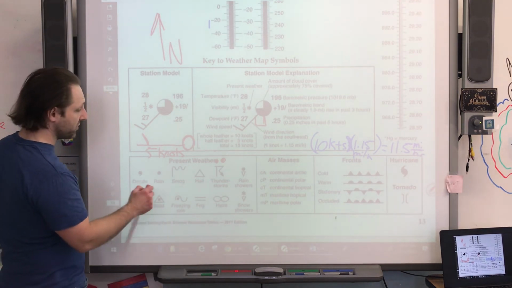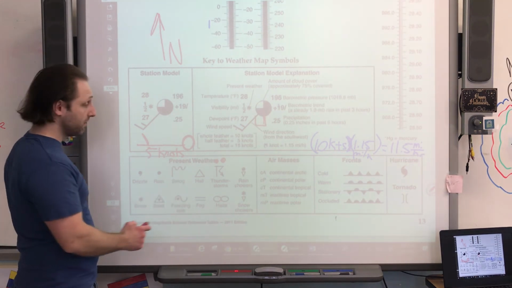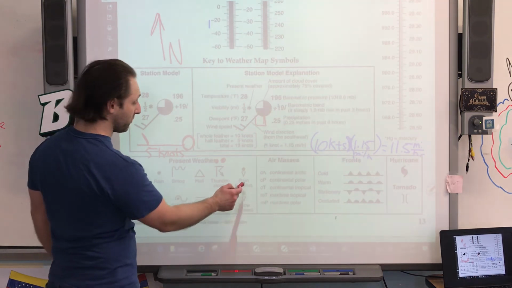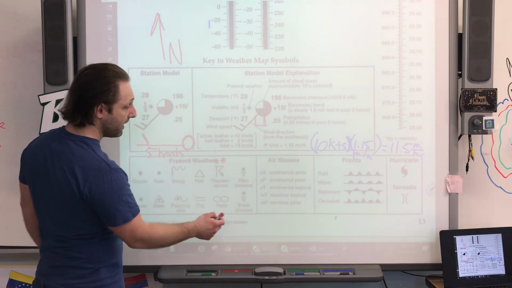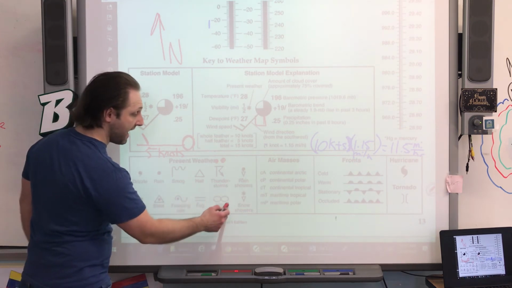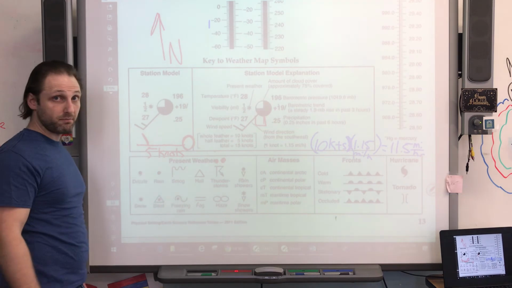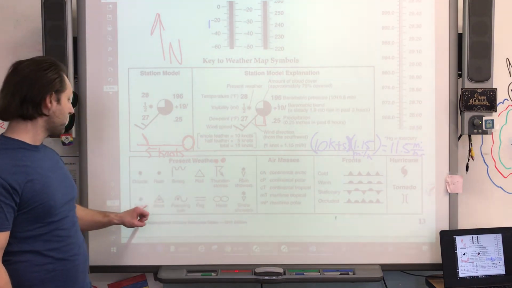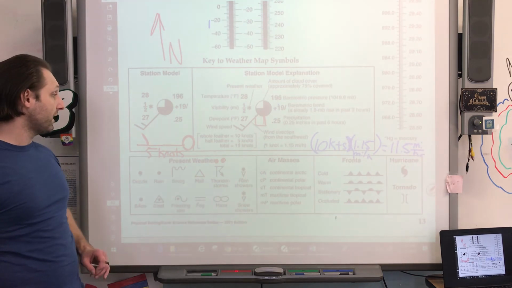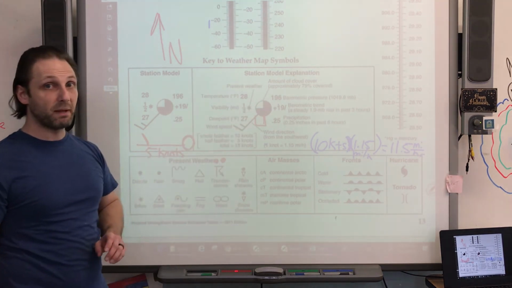But we've got drizzle, rain, hail, thunderstorms, rain showers, snow, sleet, freezing rain, fog, haze, and then snow showers. Showers mean we've probably got a lot more snow coming down than just a little bit. Each of these can be present within that weather symbol space over there.